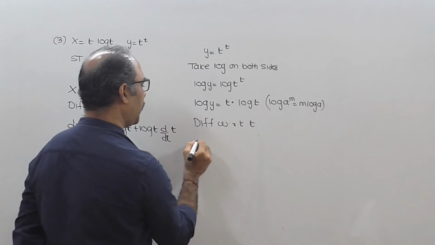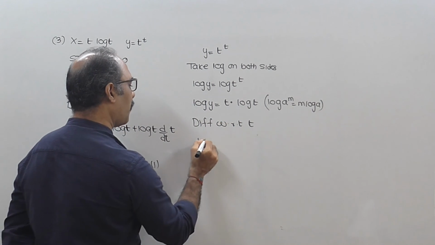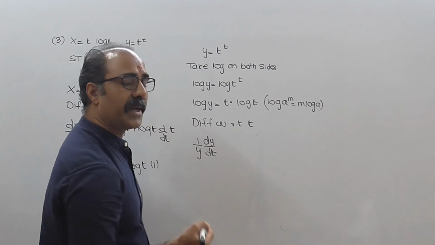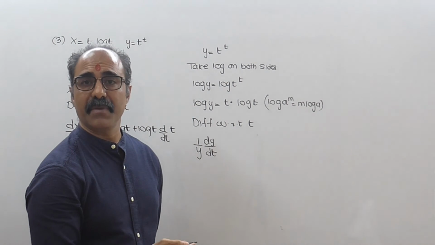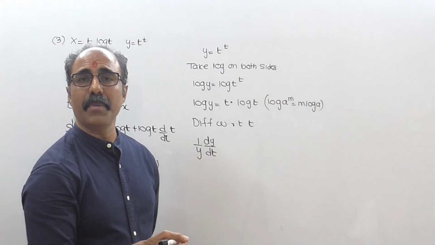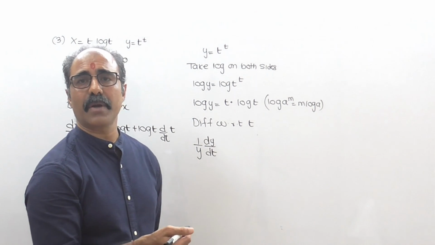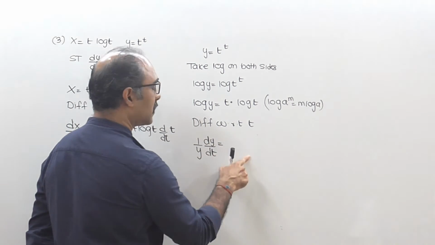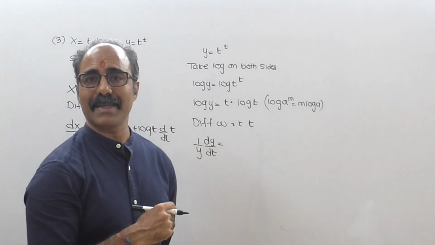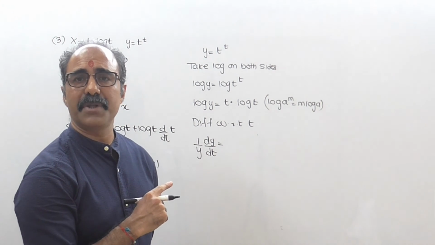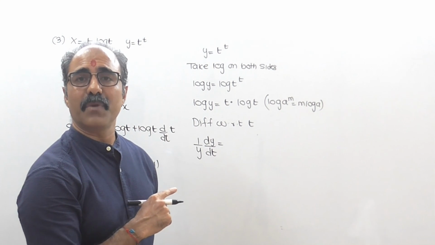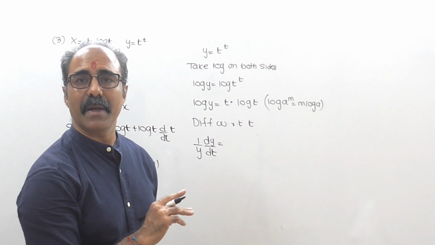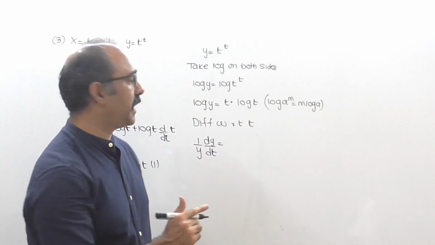with respect to t. Derivative of log of y is 1 upon y. Don't write dy by dx, you have to write dy by dt, because you're differentiating with respect to t. If you were differentiating with respect to x, then you can write 1 upon y dy by dx, which we have done consistently in the previous exercises. But here you are differentiating with respect to t, therefore you should take the derivative of log of y as 1 upon y dy by dt and not dy by dx.